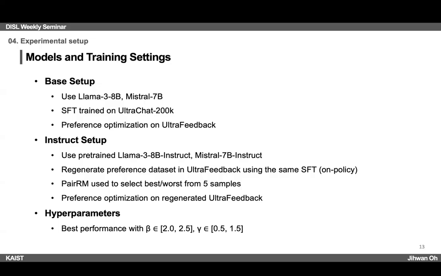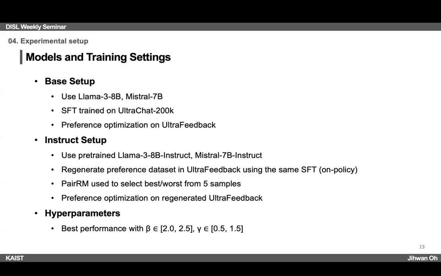So to reduce the distribution mismatch between training and inference, the authors regenerate preference data using the same SFT model, making this setting closer to an on-policy scenario. Specifically, for each prompt, they generate 5 responses with temperature 0.8, and then use PairRM to pick the best and worst responses.